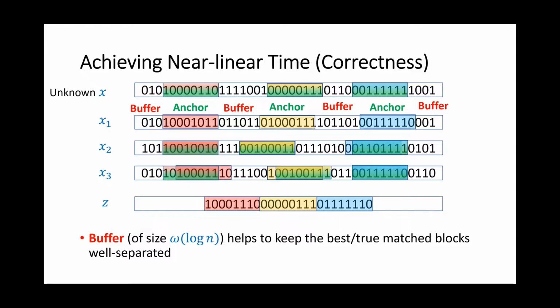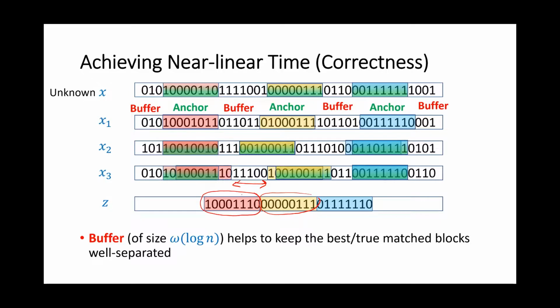And also we keep the buffer size to be omega log n, and that will help us keep two different blocks well separated. And that will also be crucial in arguing that each of these blocks that we reconstruct will be independent.